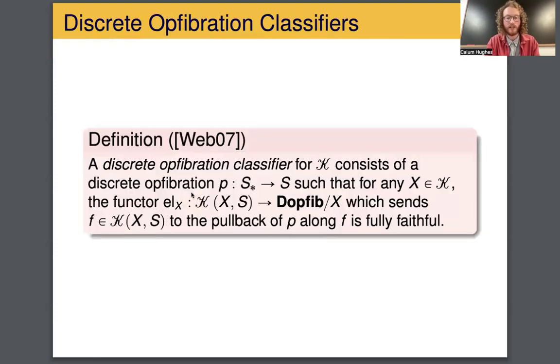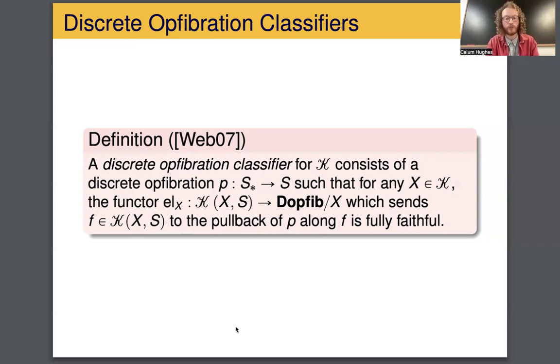So a discrete Hopf vibration classifier for K consists of a discrete Hopf vibration such that for any X in K, the functor which takes the pullback of the discrete Hopf vibration classifier along F is fully faithful. And given such a thing, we can define a notion of small discrete Hopf vibrations, if it features in the image of this functor.